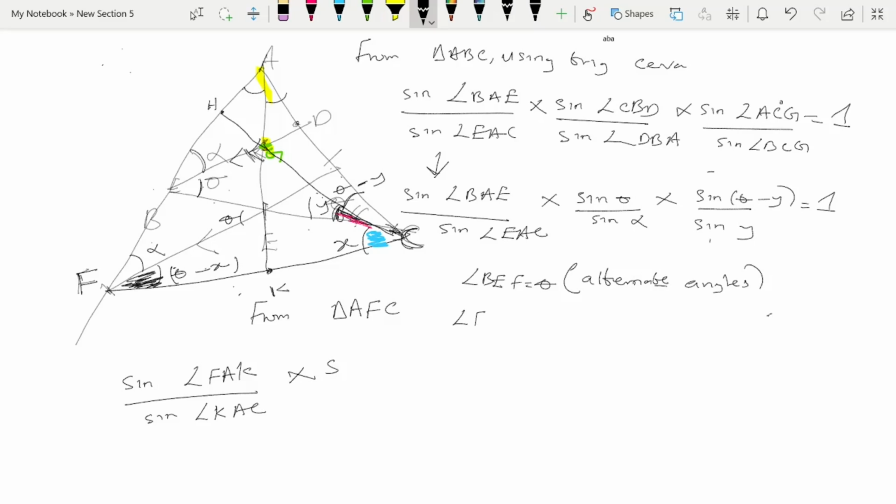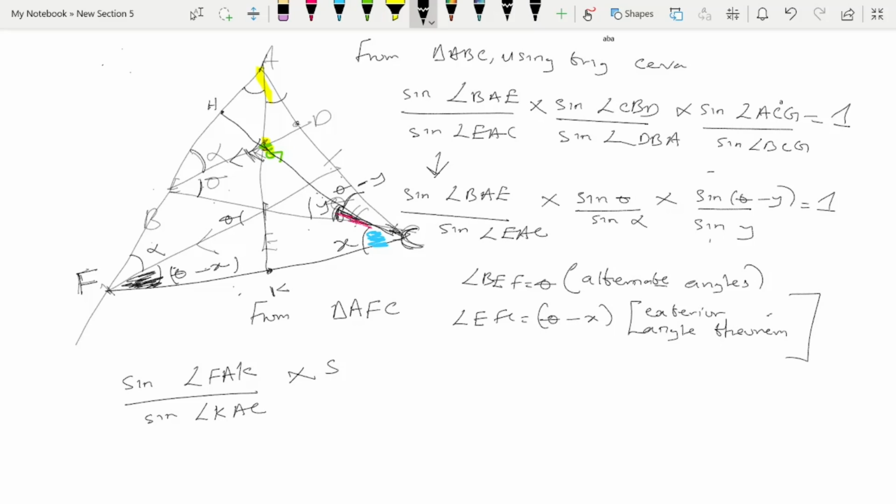We know that our angle EFC is theta minus x, reason: exterior angle theorem. So we can keep going with this. This is theta minus x.